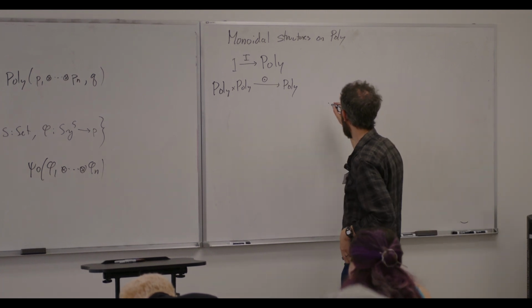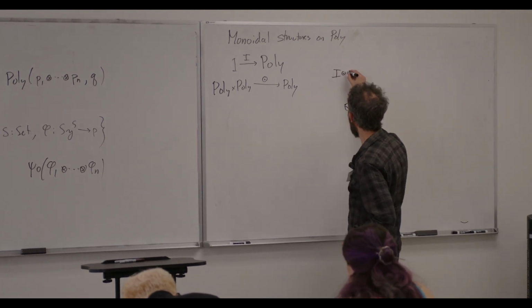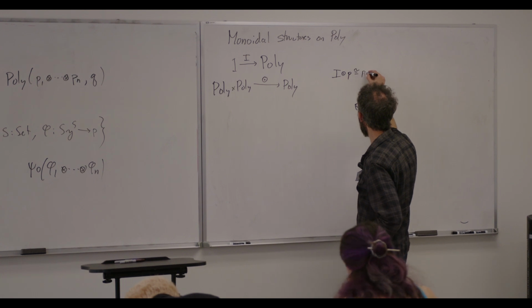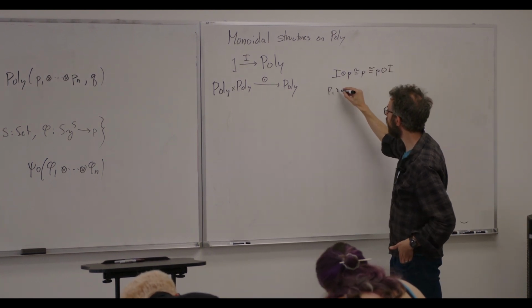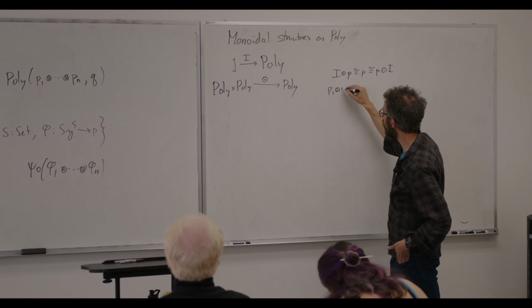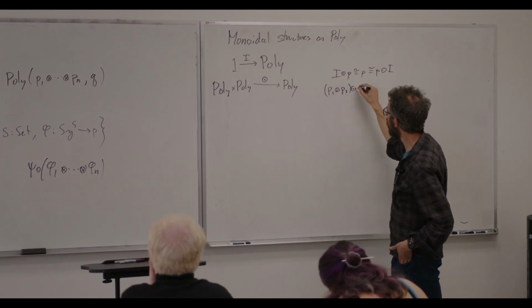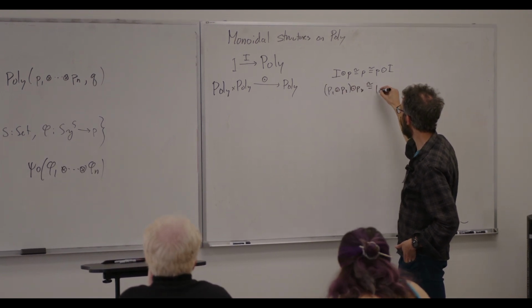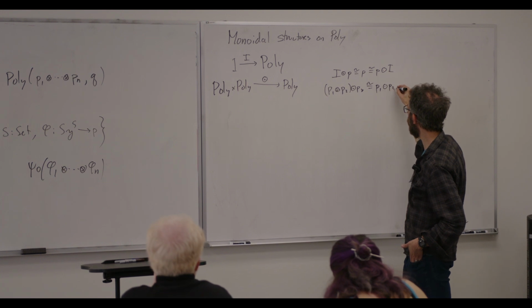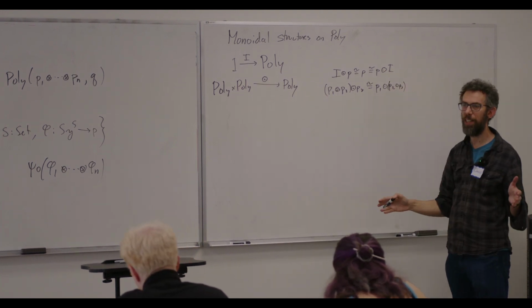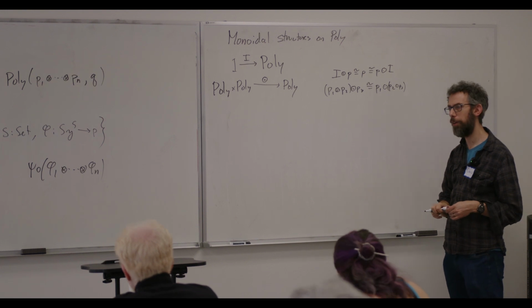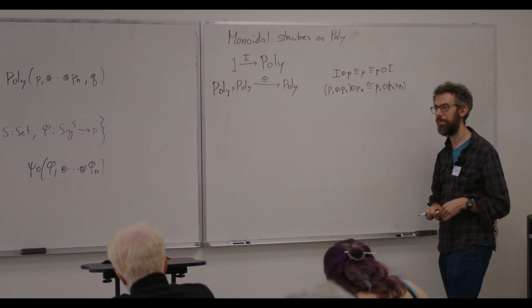So we would have things like I dot P is P dot I, and P1 dot (P2 dot P3) has to be isomorphic to (P1 dot P2) dot P3. And these isomorphisms can't be crazy. They have to work right even if you had 4 or 5 P's.